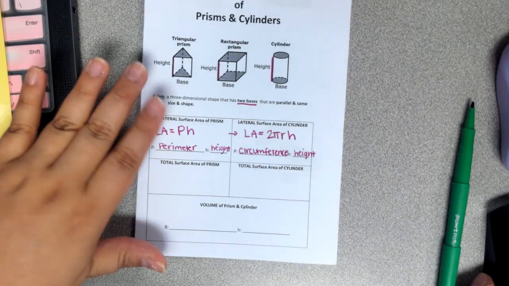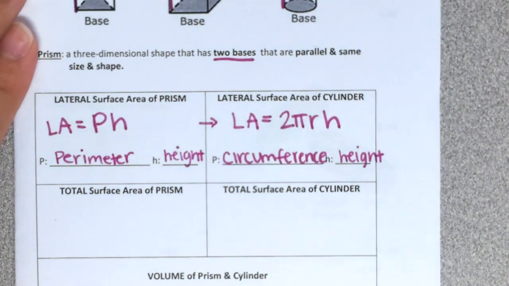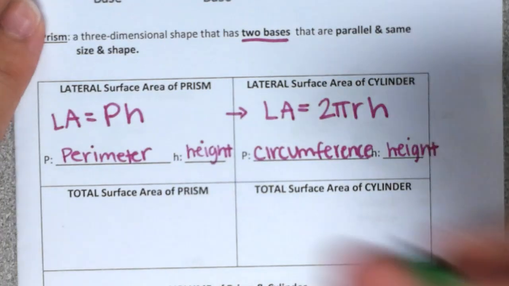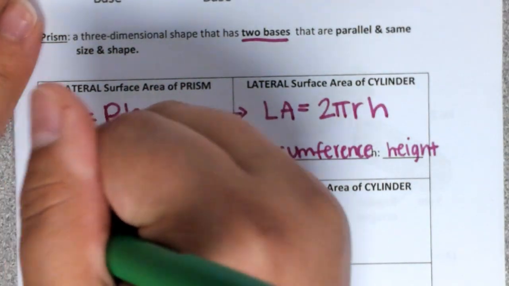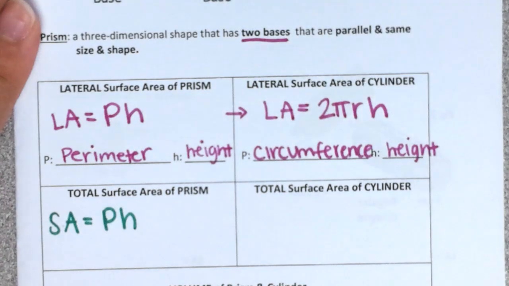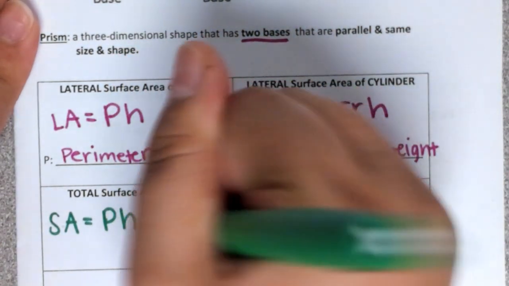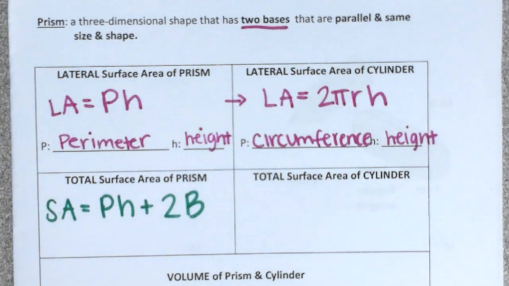All right, so lateral surface area is PH. Total surface area, what are we including now? We're still going to include the lateral, but what do we also have to include? The bases. And how many bases are there? So it's going to be plus 2B. Now, what does B stand for?